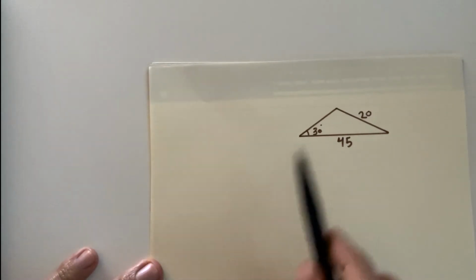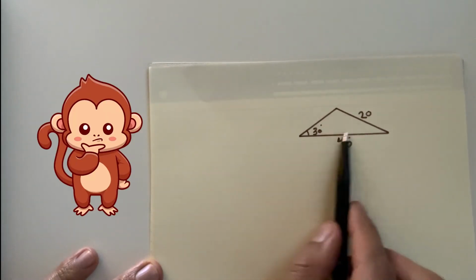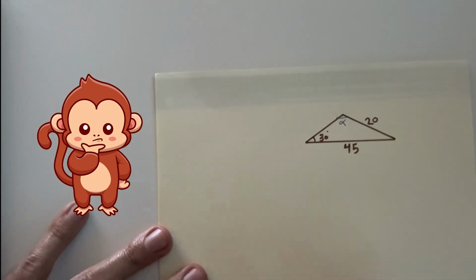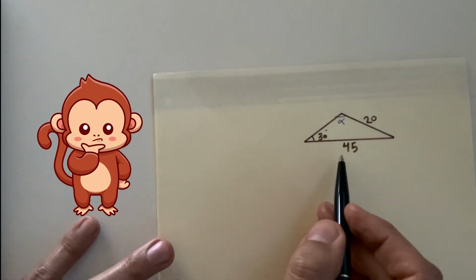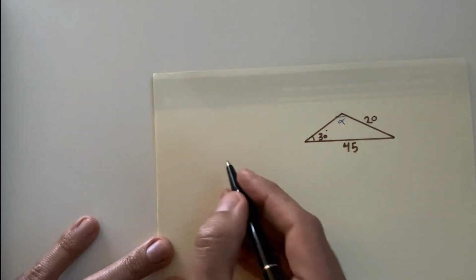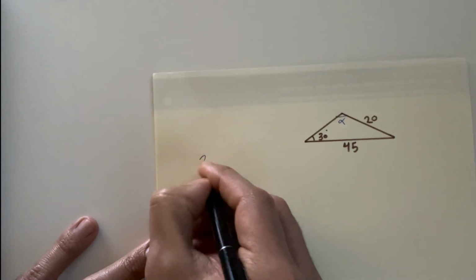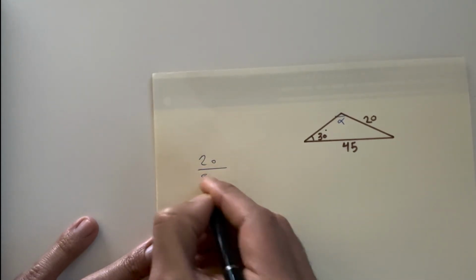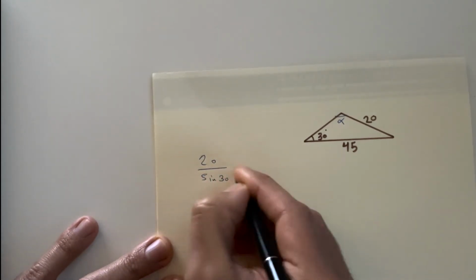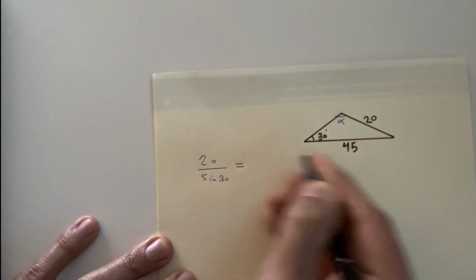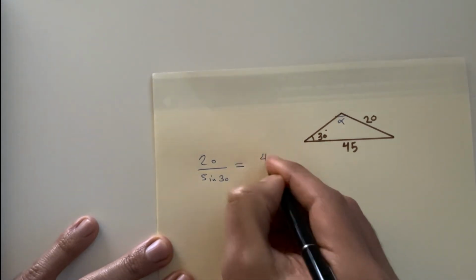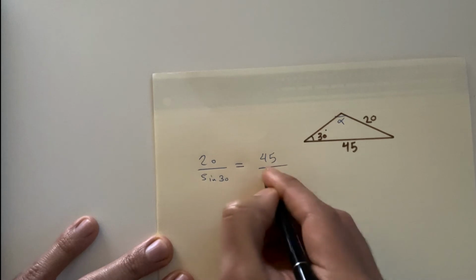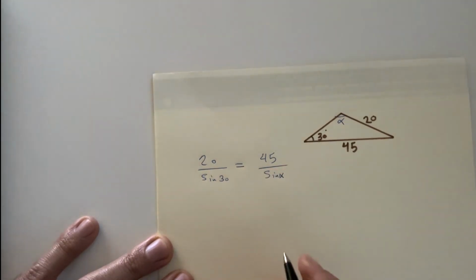So now take a look at another example, which is the last one here. Can we have a triangle with this characteristic? Again, here I'm going to use the law of sines. I will follow the same process, which will be 20 over sine 30 should be equal to 45 over sine alpha.